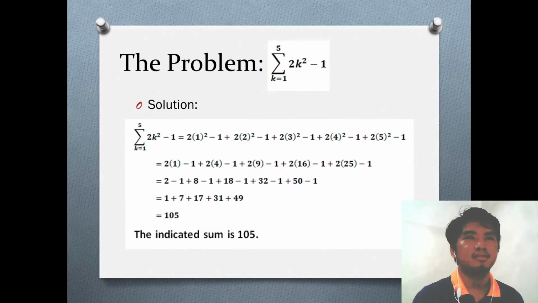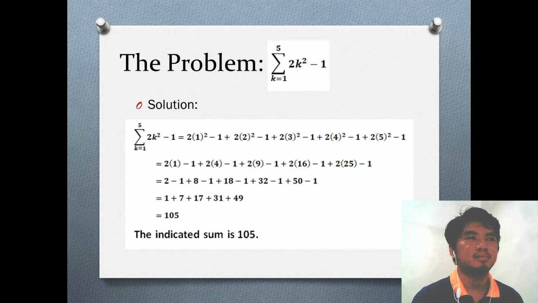So we're gonna first find the k value. 1 to the power of 2 is 1, 2 to the power of 2 is 4, 3 to the power of 2 is 9, 4 to the power of 2 is 16, 5 to the power of 2 is 25. So we're gonna multiply. So 2 times 1 is 2.